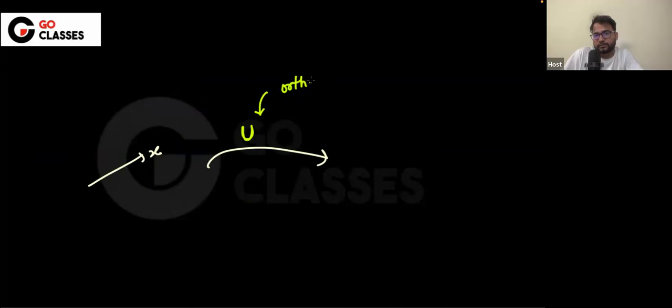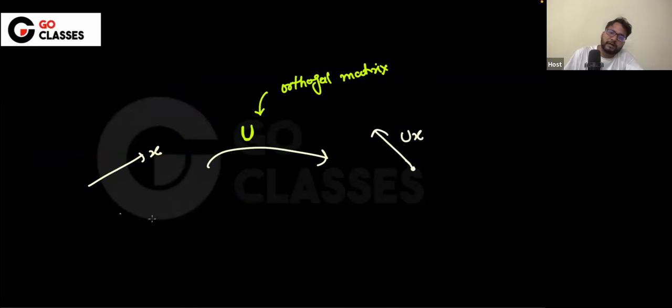if you multiply a vector x with, let's suppose, some matrix u which is orthogonal, okay, so u is an orthogonal matrix, then it may rotate x. Probably ux will look like this, but the length won't change. Okay.